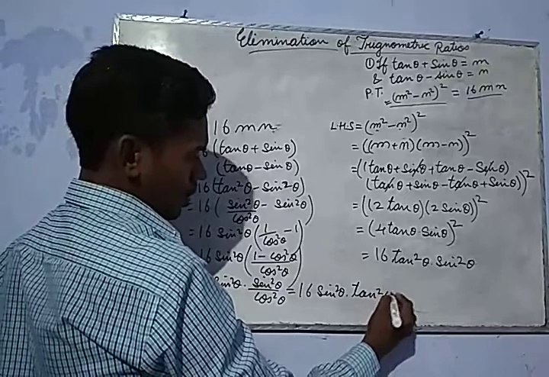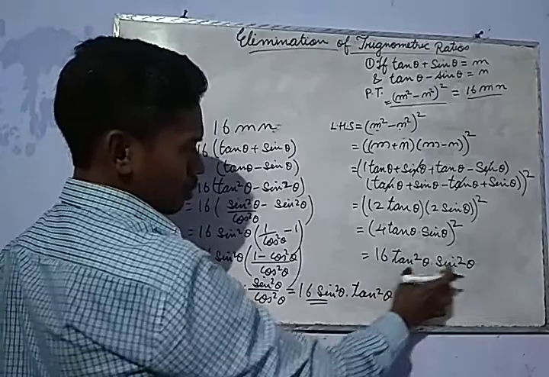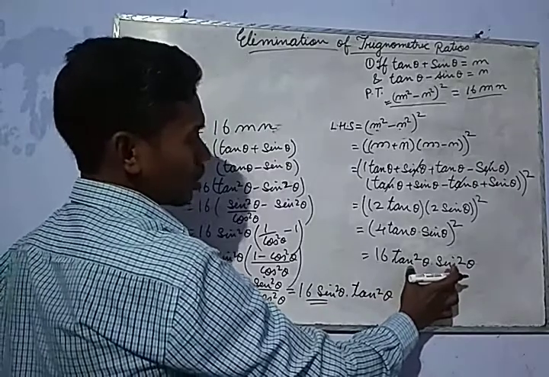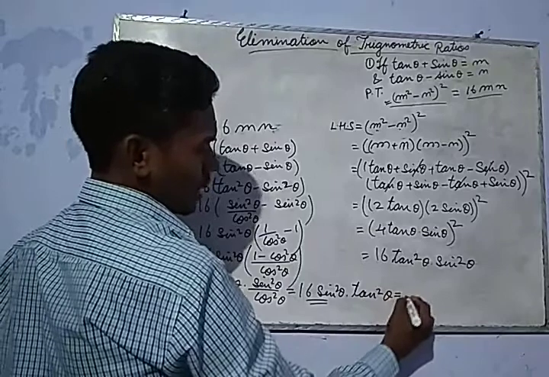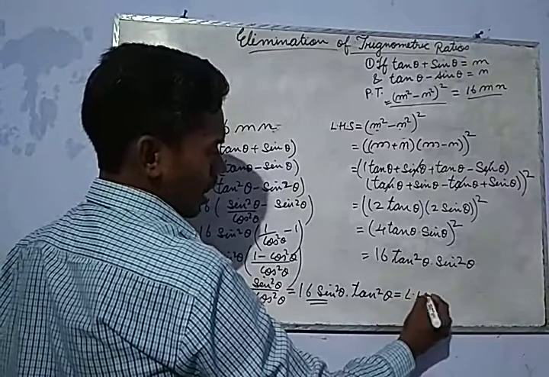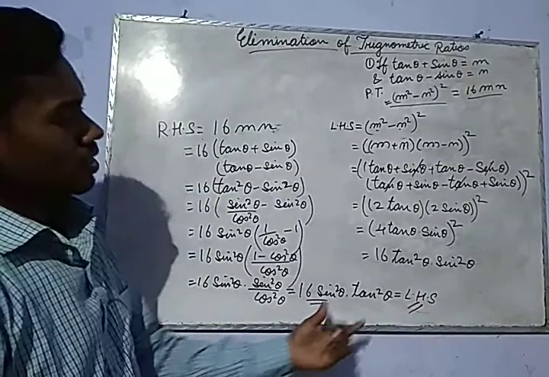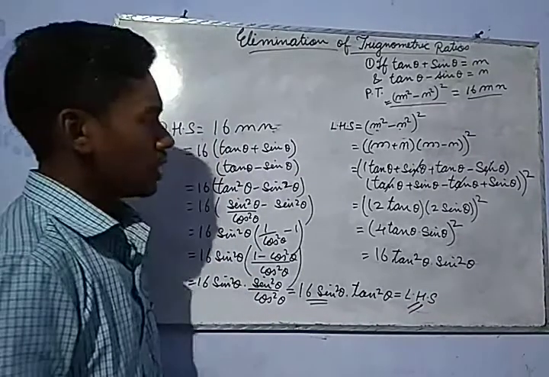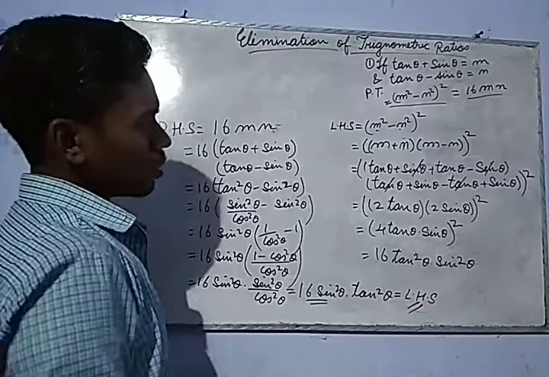Tan square theta. So is this expression equal to the expression of the LHS? Yes, it is. So we can say that it is equal to LHS, and hence it is proved. This is the way we can go through the solutions of this type.